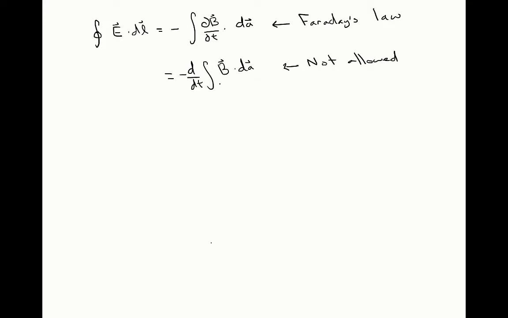But mathematically, this is very much illegal because this is only about there being a time derivative on the magnetic field. Once you pull this derivative out, now you're saying that there could be a time derivative because the angle between B and dA changes, or there could be a time derivative because the path over which you're integrating is changing. So in general, you can't do this.